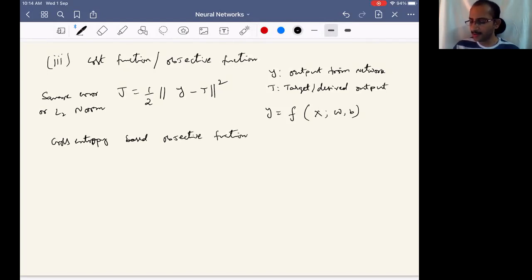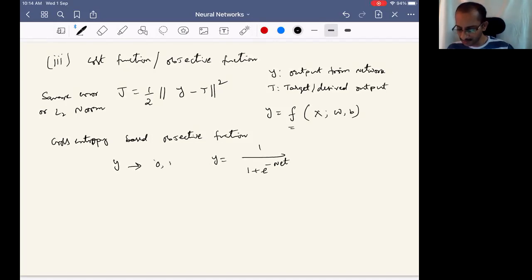If I want to use a cross entropy based objective function, what should Y be? What should be the range of Y? 0 to 1. It should be a probability. If I consider F as the sigmoid function, 1 by 1 plus e power minus net value, then the range will be 0 to 1.